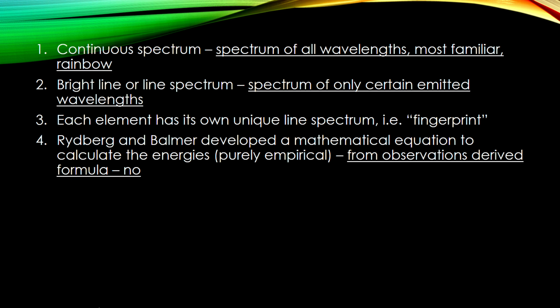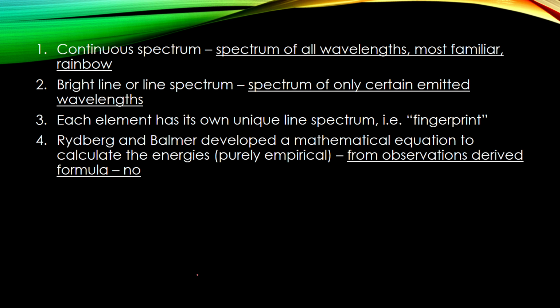And if you think back to things like solving for empirical formula, we knew we had certain substances, but we didn't know what the compound was. This is one of the ways you can actually figure out what elements are present, by looking at the bright line spectra of these different elements. So two scientists, Rydberg and Balmer, actually developed a mathematical equation to calculate the energies.